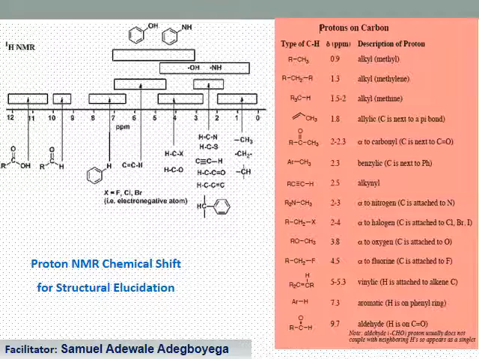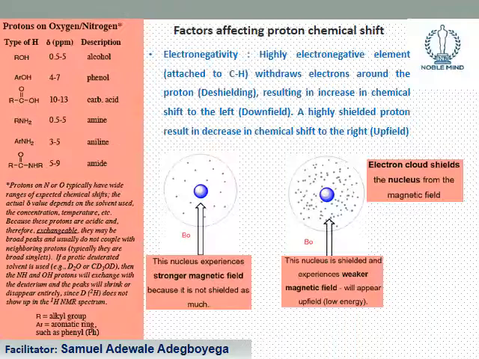The protons which are on a benzene ring, you see their shift away from the reference, and so on. If you are given a chemical shift of a particular proton, you could find out the type of proton, or where that proton is being attached, the type of compound the proton is attached to.